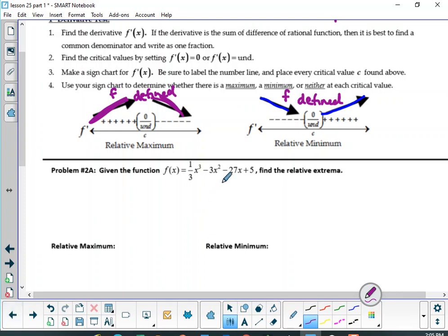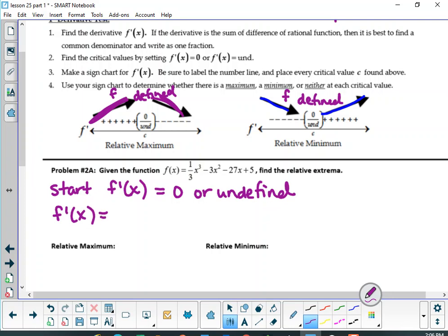So when we did that to find the increasing, decreasing, it was not the first time you had talked about it. Finding relative extrema, we're going to start the same way. We're going to start with f prime of x, and we're going to think about it equal to 0 or undefined.